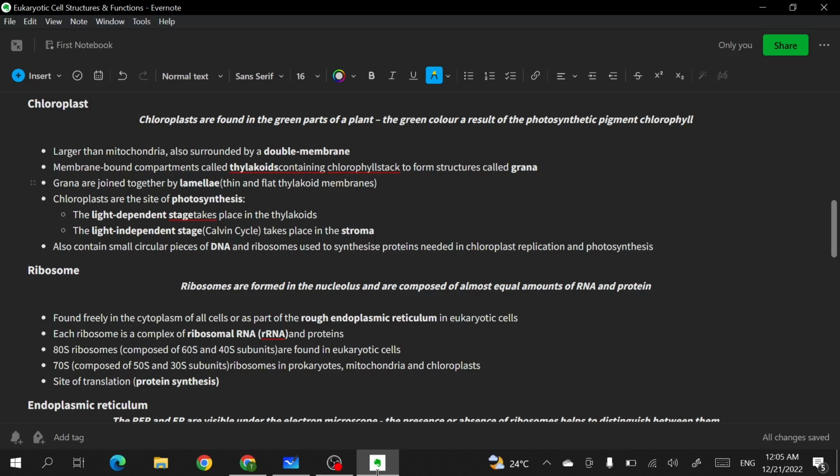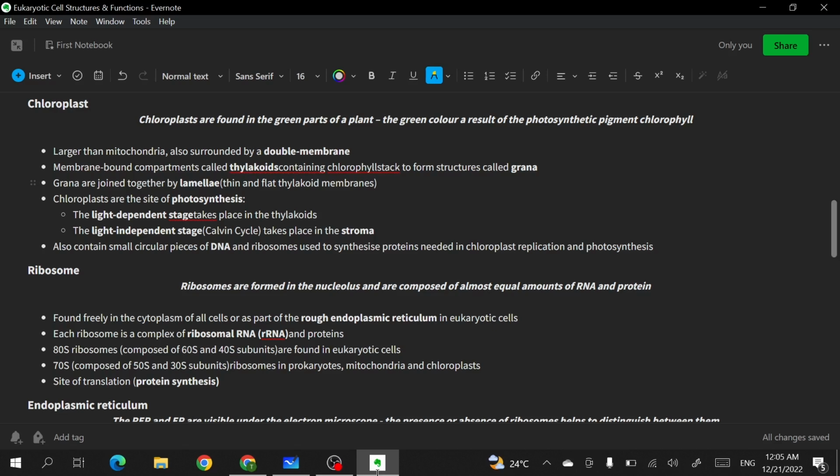Chloroplasts are the site of photosynthesis; you have both light-dependent and light-independent stages, the Calvin cycle, etc. You're going to learn this in detail in A-level photosynthesis. It also contains small circular pieces of DNA and ribosomes used to synthesize protein needed in the chloroplast for replication and photosynthesis. So you also need to know, I guess you know already, that mitochondria and chloroplasts have evolved.